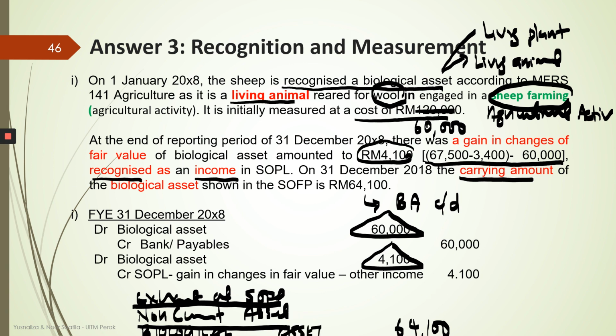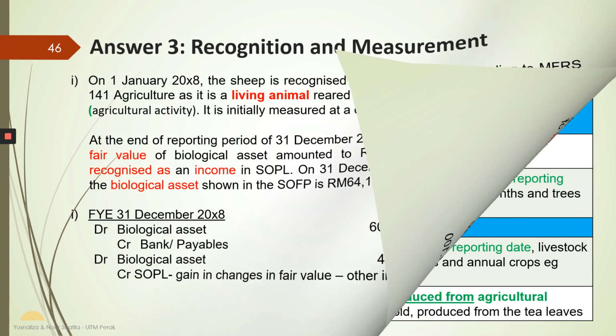Whereas this 4,100 will be shown in your SOPL, as part of other income, and that is actually income of the farming activities.